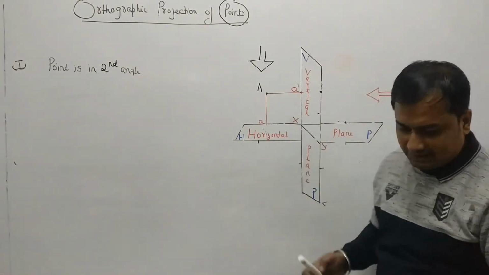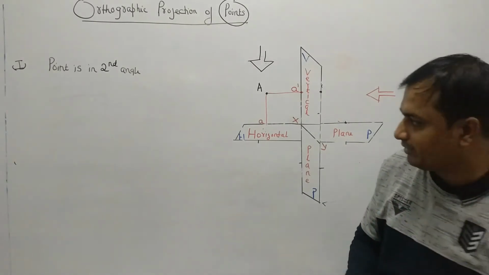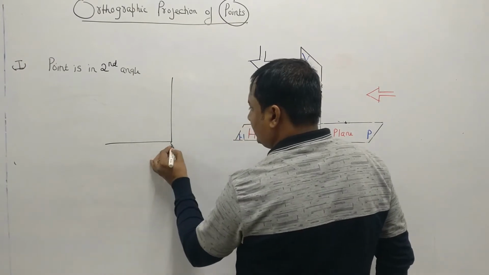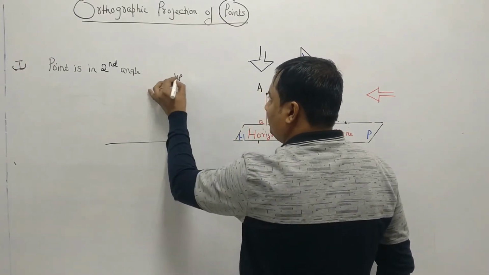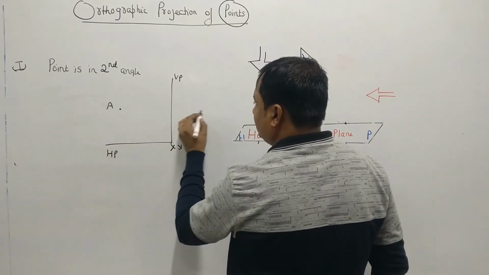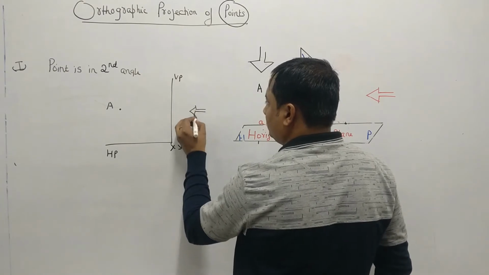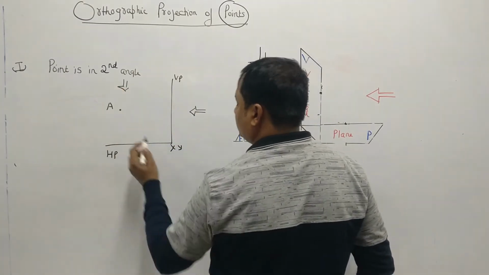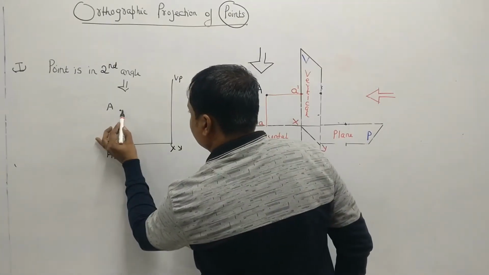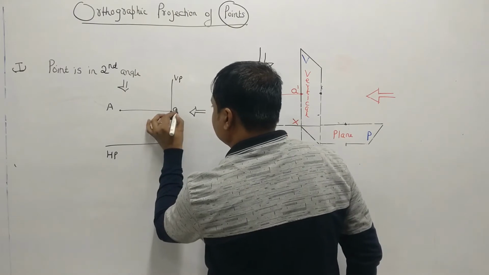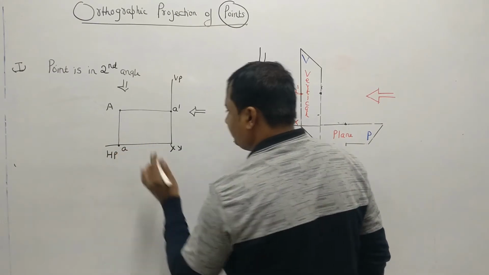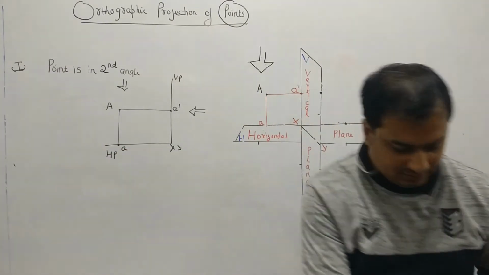Again these are two planes. If I separate the second angle for a clearer understanding: this is my second angle, this is XY, this is VP, this is HP, this is the point capital A. When the observer sees from the front, this is my front view, A dash, and when seen from the top, this is my top view on the HP, this is A. Again these are two planes, the same problem.